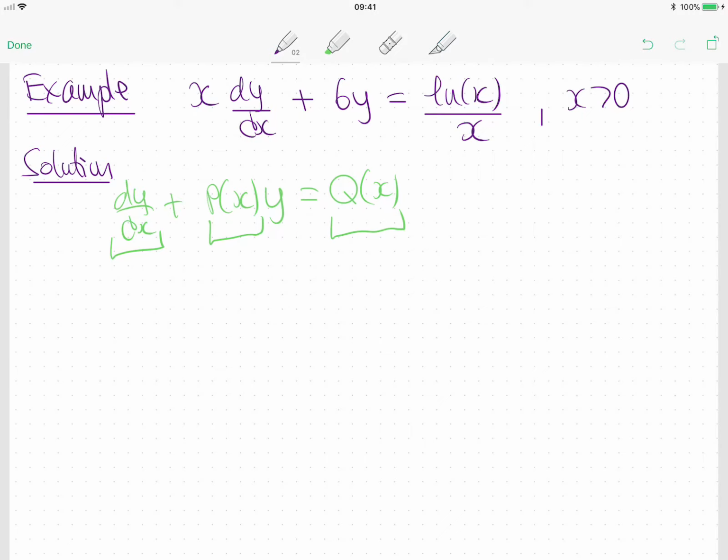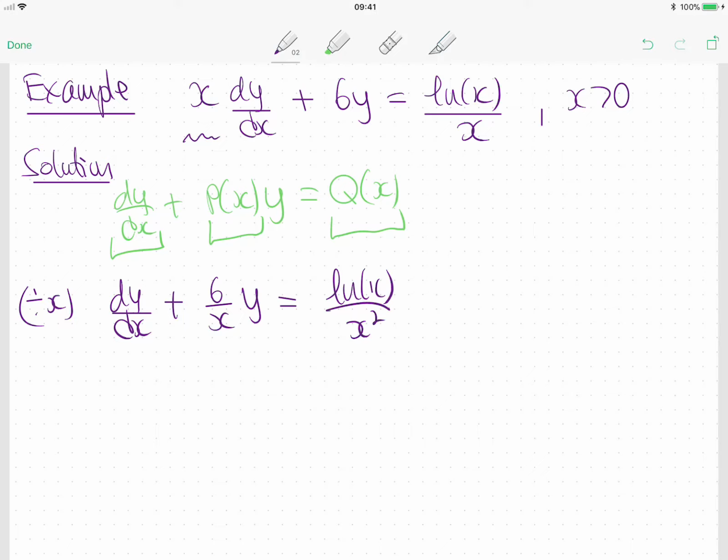Okay, so we look at our problem, we can see that we don't have dy/dx on its own because of this x, so we're going to divide that out. And we have dy/dx plus 6 over x times y equals log of x divided by x squared.